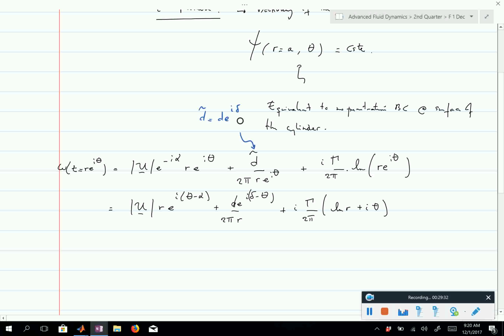I have to take the imaginary part, because the imaginary part is my stream function. So we'll take the imaginary part of this.